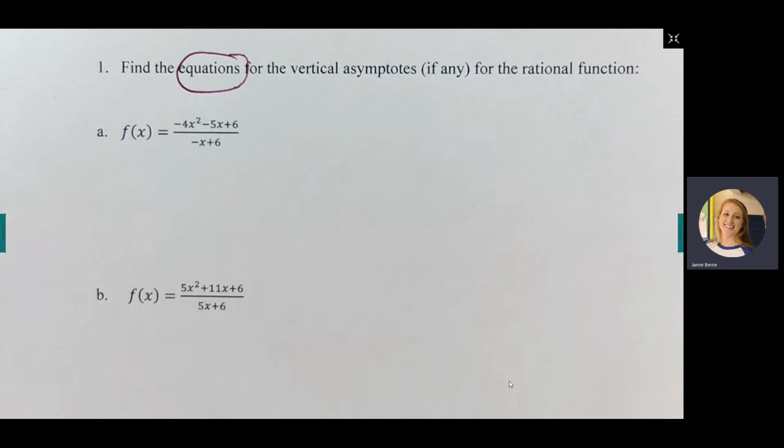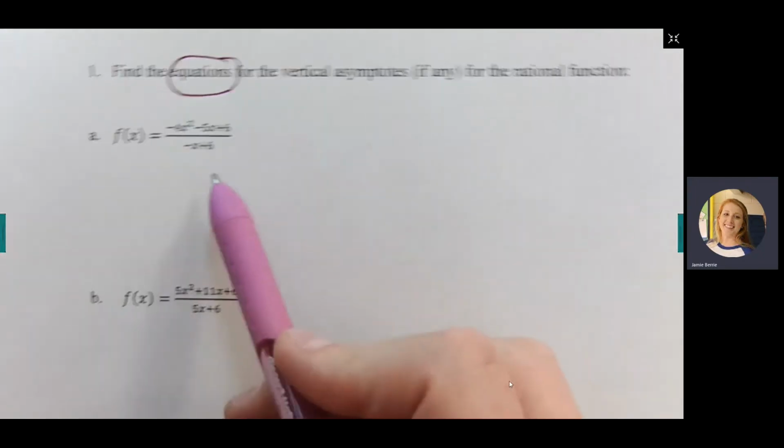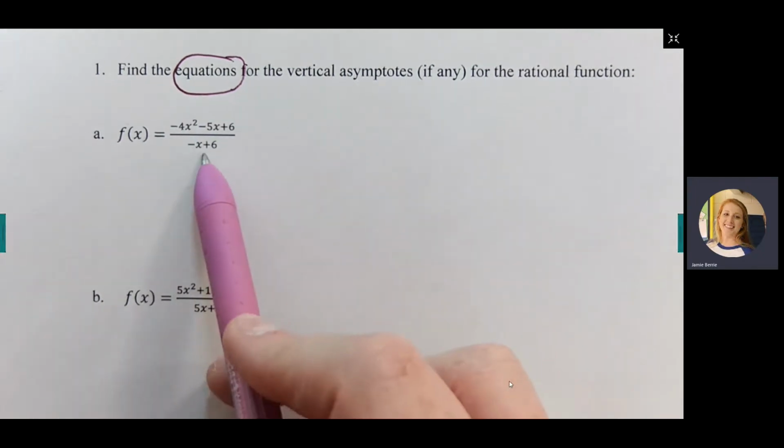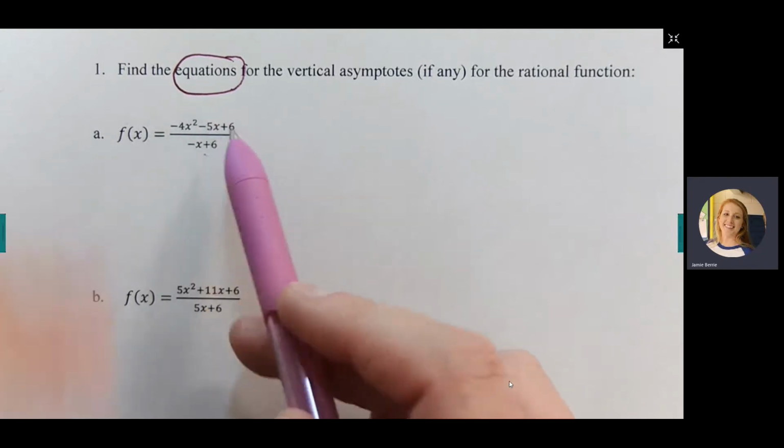Part A is negative 4x squared minus 5x plus 6, and then our denominator, negative x plus 6. All right, so what you have to do here, step one, remember, was factor the top and the bottom if possible. The denominator here can't be factored, so we'll just look at the numerator.